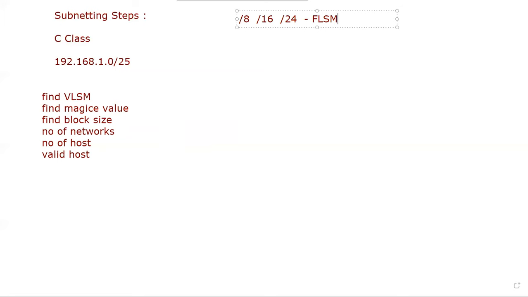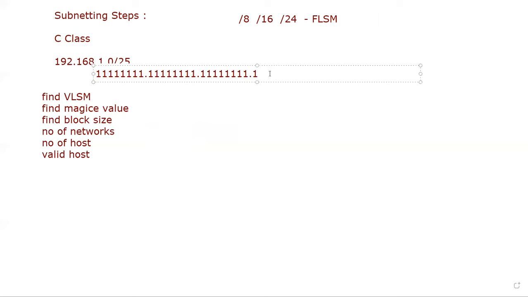Now we have manually changed the subnet mask to 25. So what is the value of 25? We have to check 1, 2, 3, 4, 5, 6, 7, 8, three times. Now one bit is on. Why? Because total 25 is there.